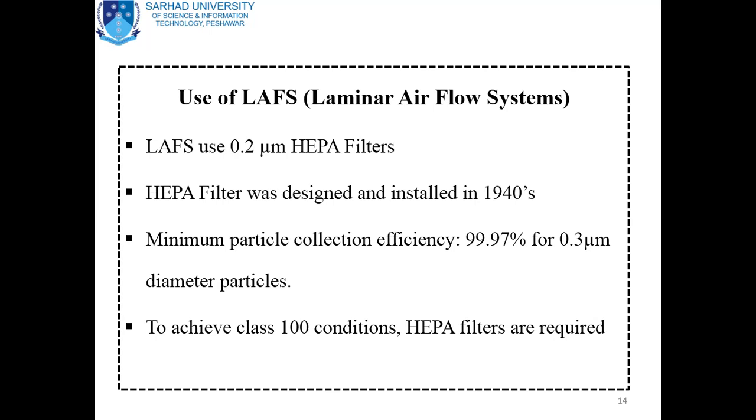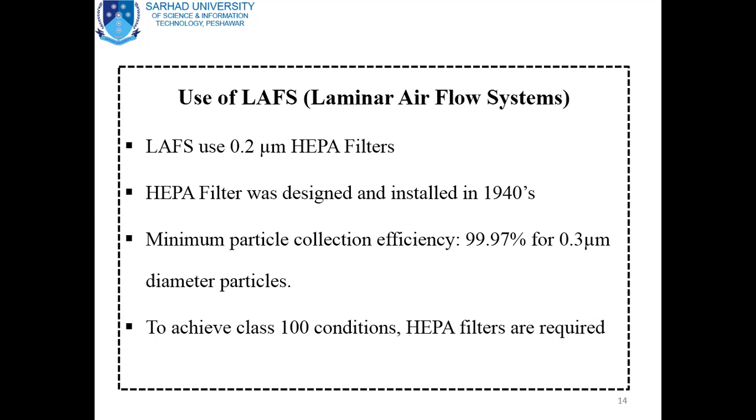That is why the laminar airflow system uses the 0.2 micron HEPA filter, and a HEPA filter is never used at less than 0.2 micron. The HEPA filter was designed and installed in the 1940s. That is briefly about the history: the HEPA filter was first designed and installed in the 1940s.